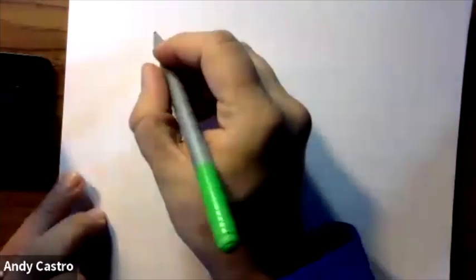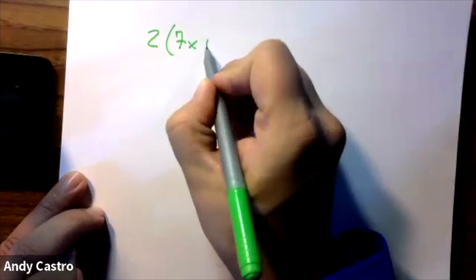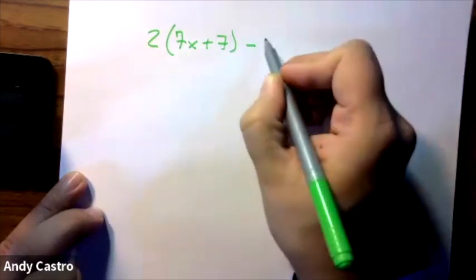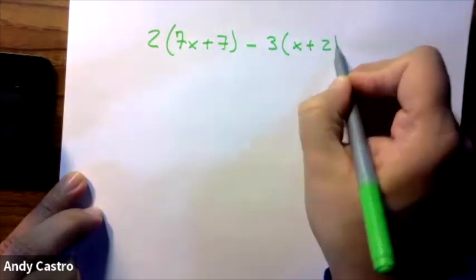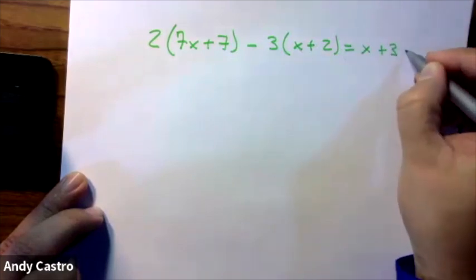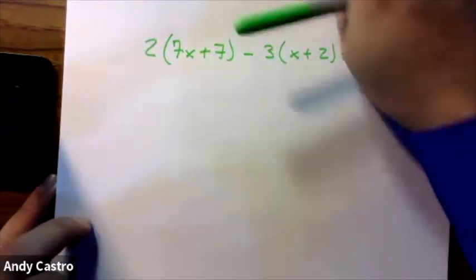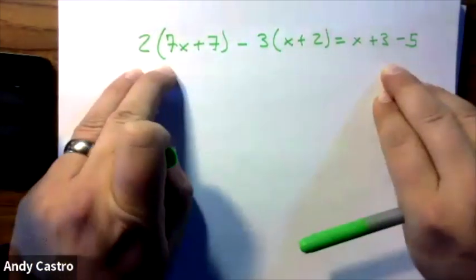All right. Let's do another one. Let's do 2 times the quantity 7x plus 7, minus 3 times x plus 2 is equal to x plus 3 minus 5. All right, so what I want everybody to do is write this out.